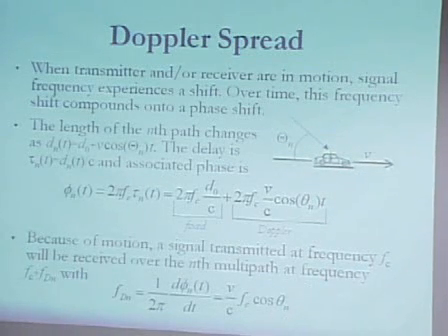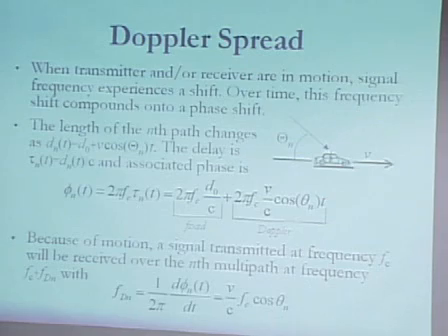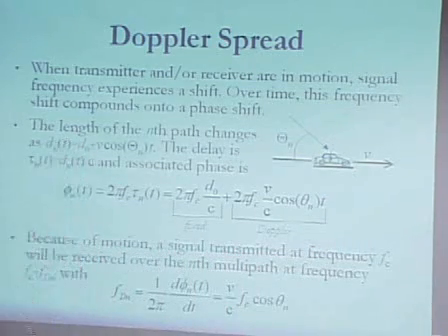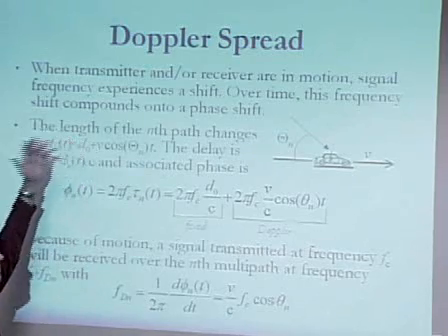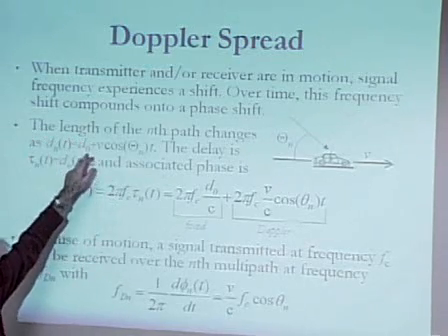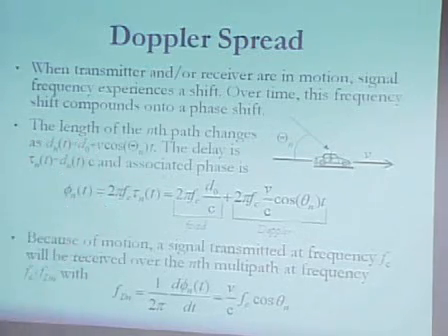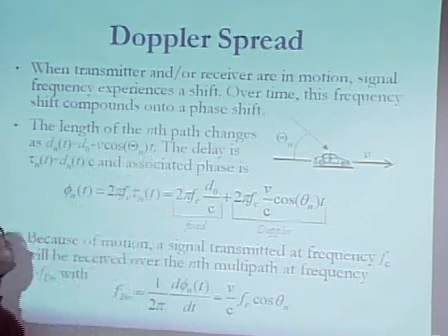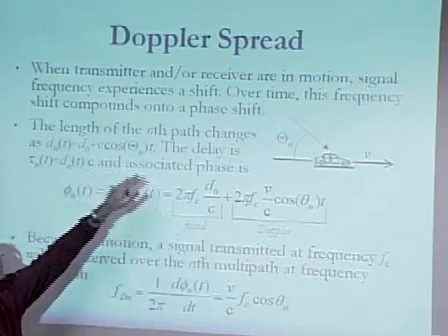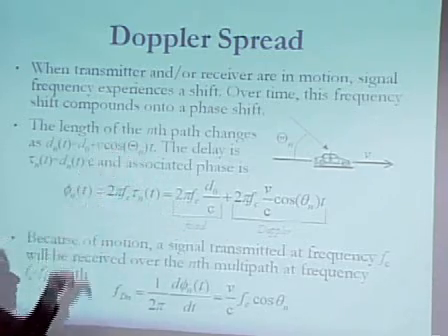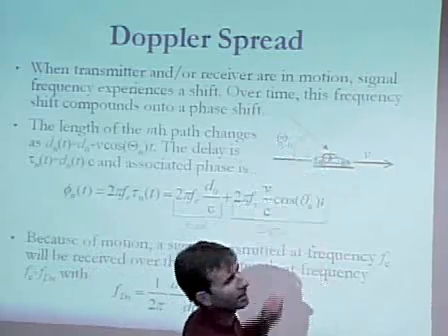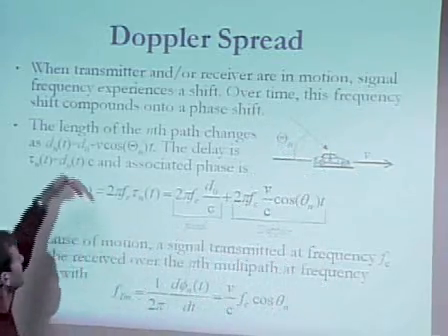The length of this path, d sub n, is equal to some d0, which is fixed, the length at time 0, plus the speed times time, projected onto the path. There's a cosine here because you have to project the speed onto the direction of the wave to get the effective speed along that vector.